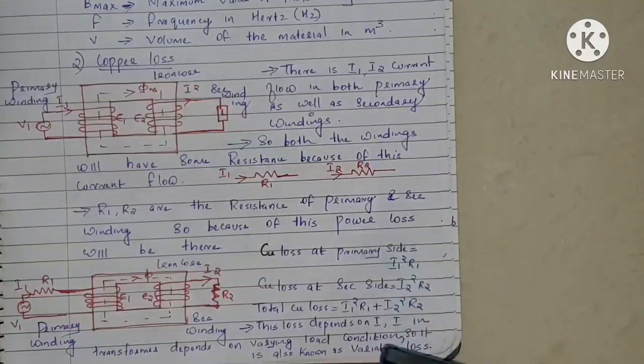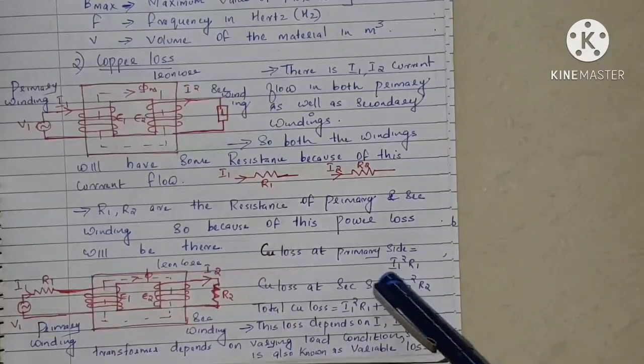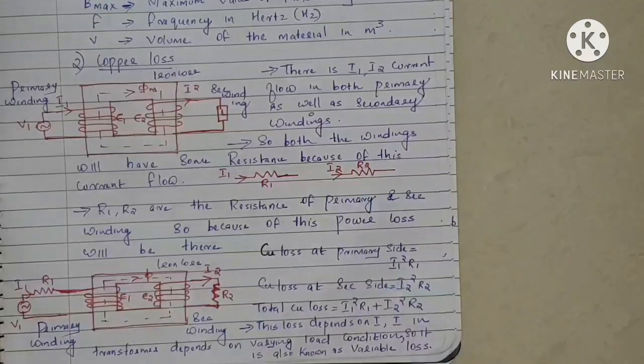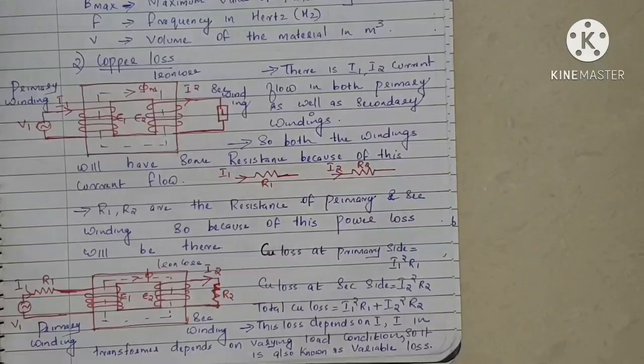Because of this, power loss will be there, that is I square R. Copper loss at the primary side is I1 square into R1, and at the secondary side is I2 square into R2. So total copper loss is equal to I1 square R1 plus I2 square R2. This loss depends on current, and current in the transformer depends on varying load condition, so copper loss is also known as variable loss.